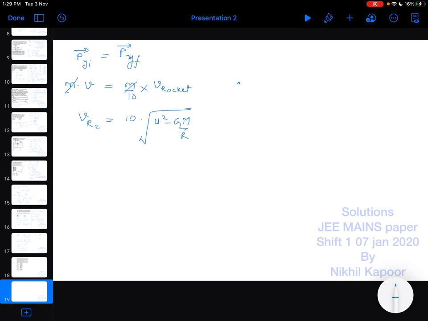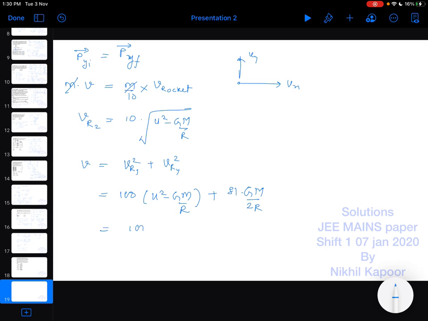Now, as we know, the rocket is having two velocities, one along x direction and one along y direction. So in order to find kinetic energy, the net velocity of the rocket would be the velocity of the rocket in tangential direction square plus the velocity in the vertical direction square. So this will be 100 in bracket u square minus GM by r plus 81 into GM by 2r.